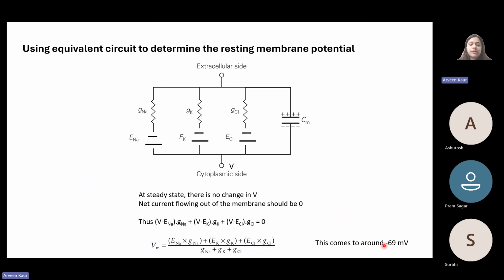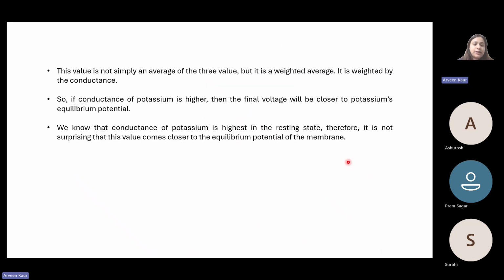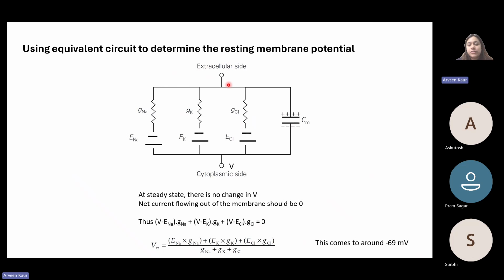And this comes to be around minus 69 millivolt in the case of the squid giant axon, right? So what you can see from here is that this value is not simply an average of the three, right? So if you take an average of minus 75, plus 55, minus 60, it is not an average value, right?